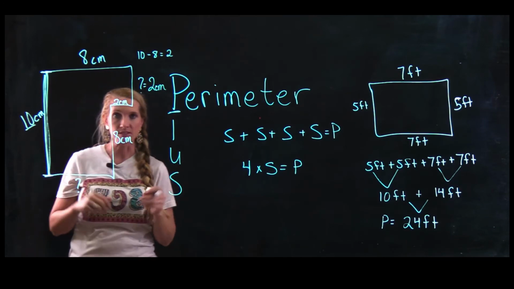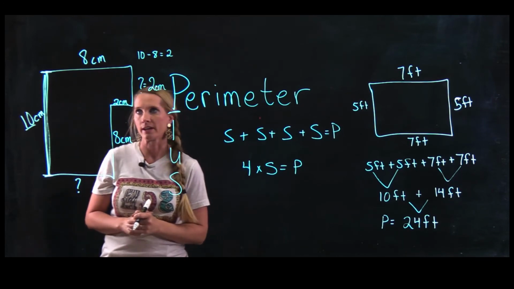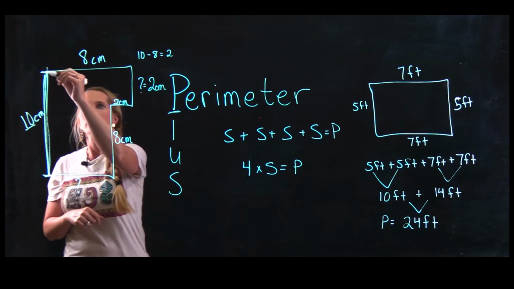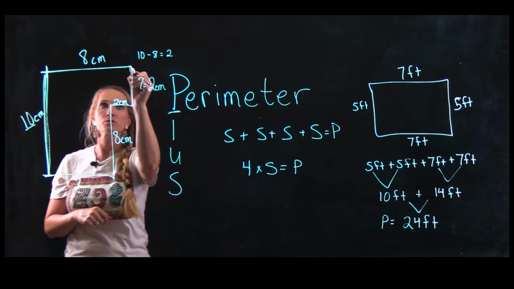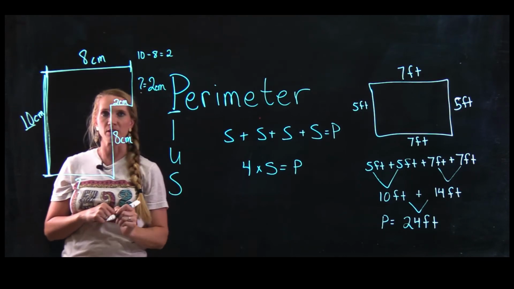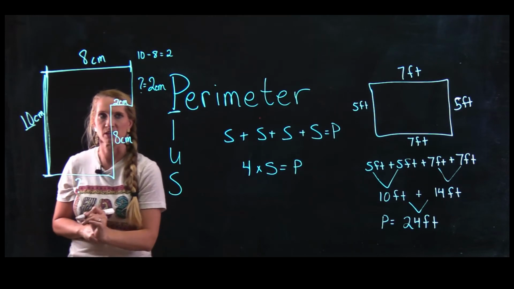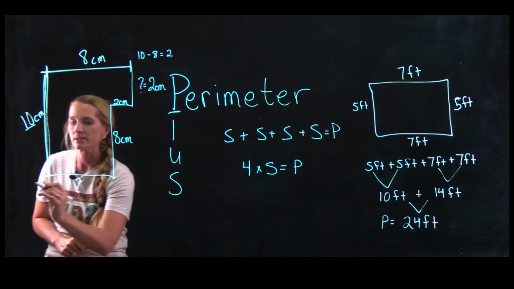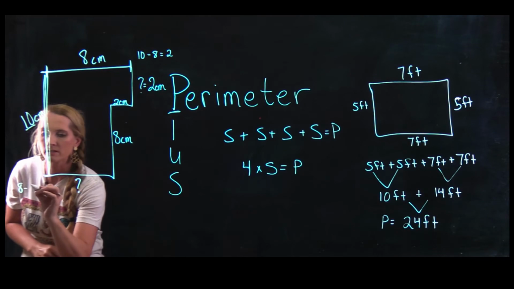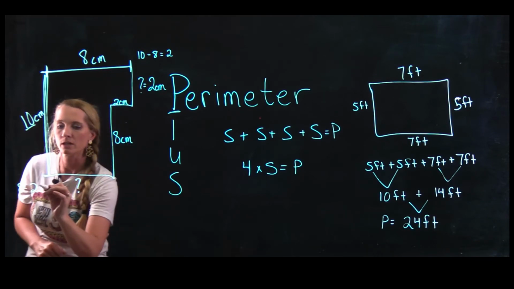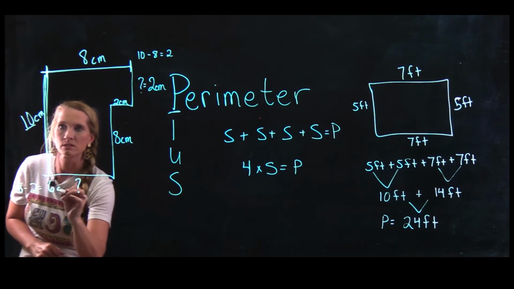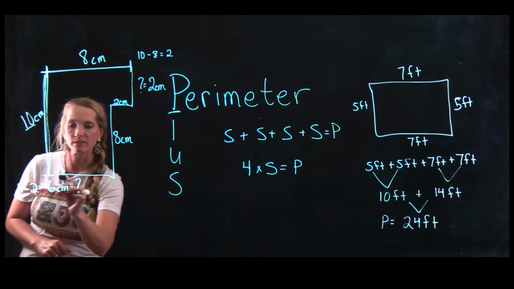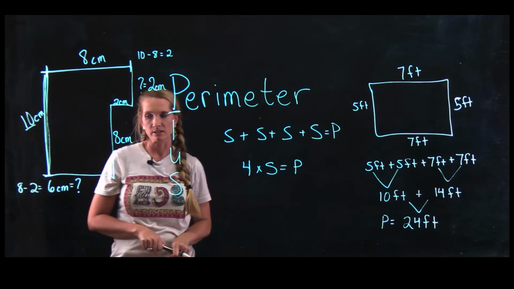Same thing for this missing or ungiven side. If I know that the whole top row is 8 centimeters and this is 2 centimeters, then I would say 8 minus 2 equals 6 centimeters. So now this unknown side is 6 centimeters.